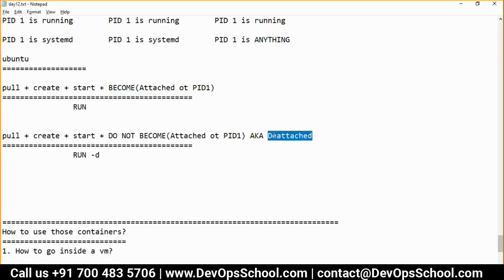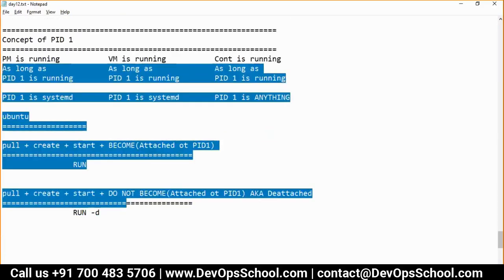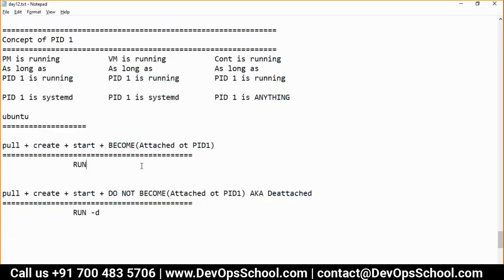Guys, is it clear, these statements? Yes, completely got it. So someone had asked post lunch: whenever we are using a run command, it is going to create a new process, right? What process?